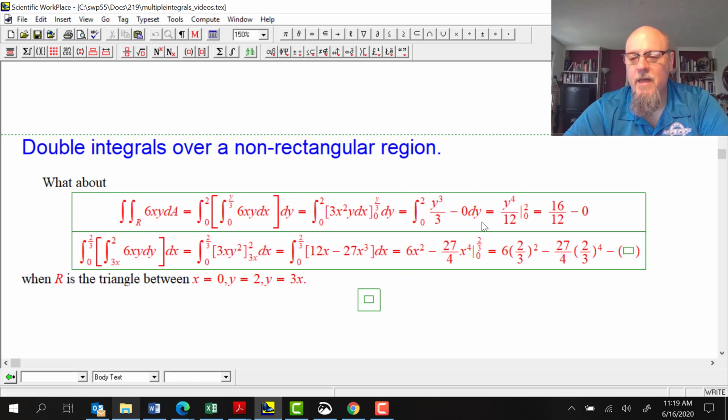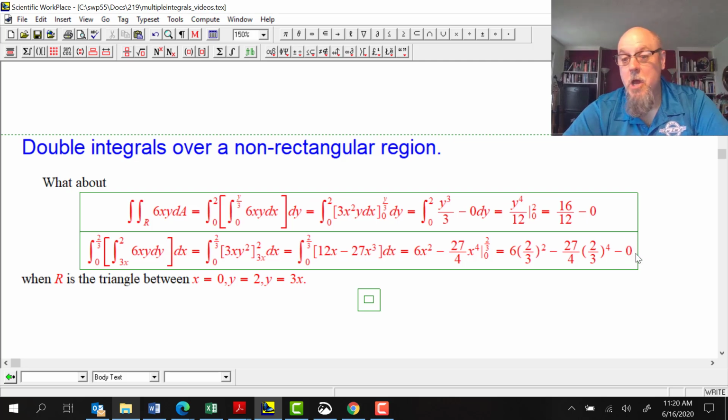I don't want to mess up by forgetting to distribute the minus sign, so I'm going to put minus brackets around this whole thing. Oh, wait, I'm just going to sub 0 in, so I don't have to worry about it, it's just 0. But it is something to think about. But not now. Now we just got to clean this up. Hopefully it equals 16 over 12, or we did something bad.